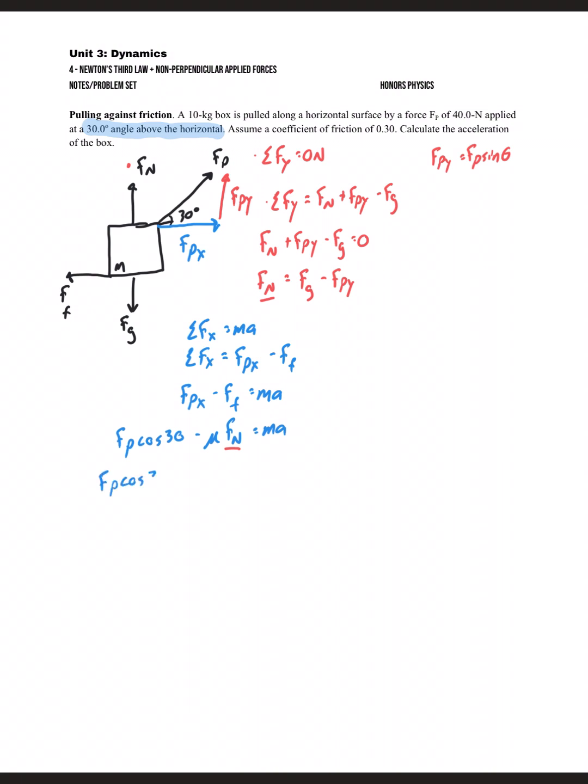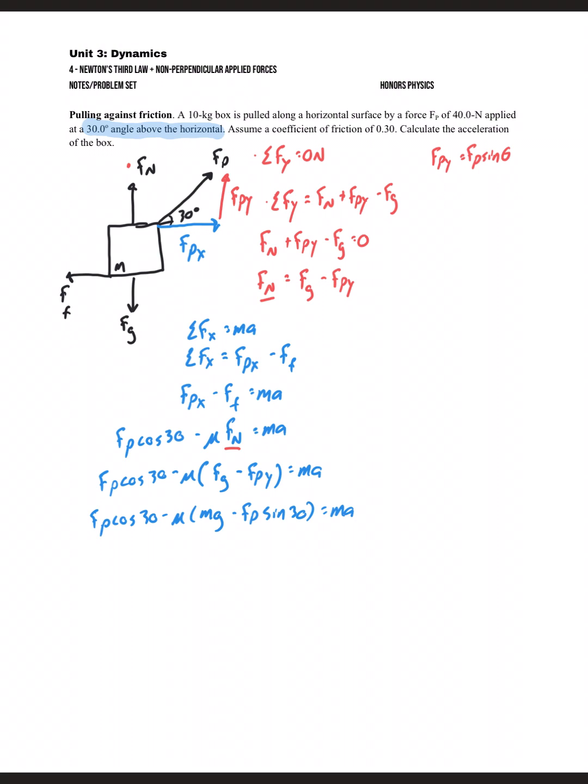Fp cosine 30 minus mu times the normal force, which is Fg minus Fpy, equals ma. And once again, all I'm doing is breaking everything down to its base components.